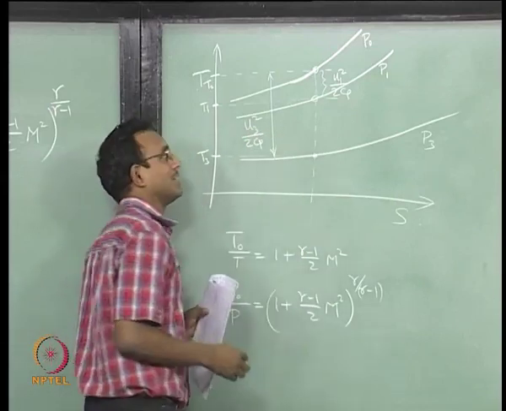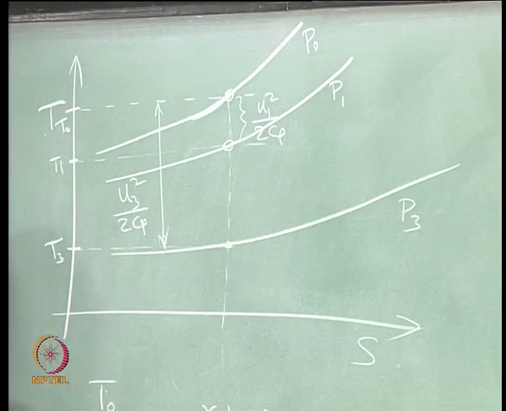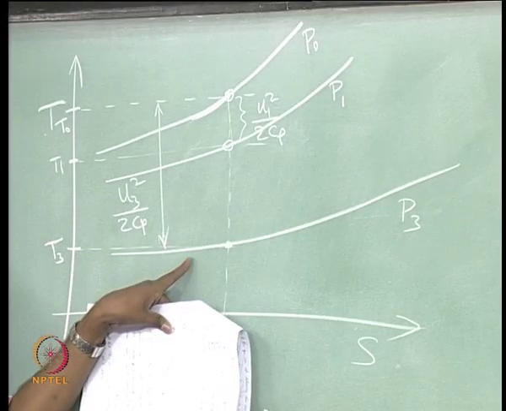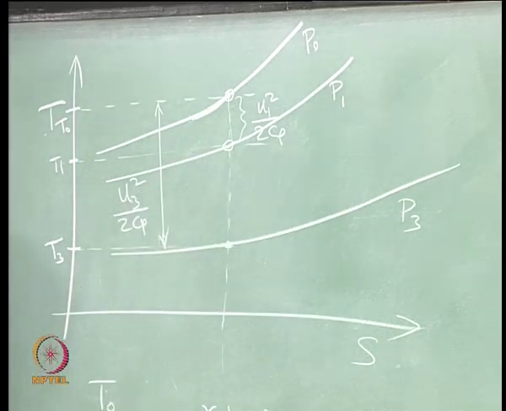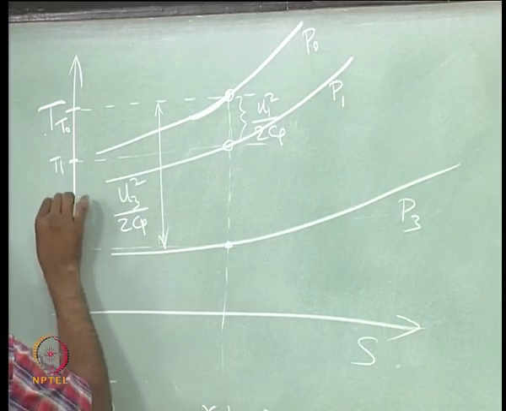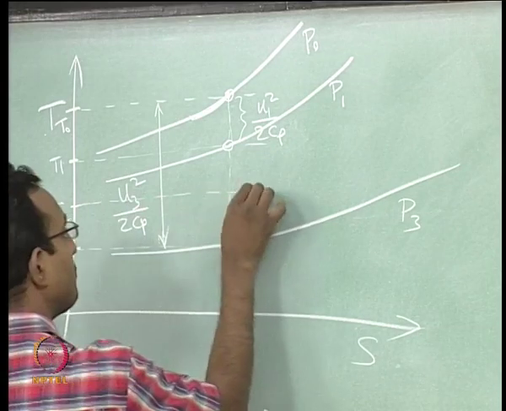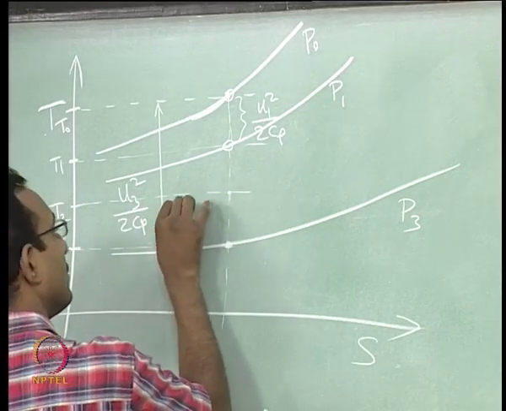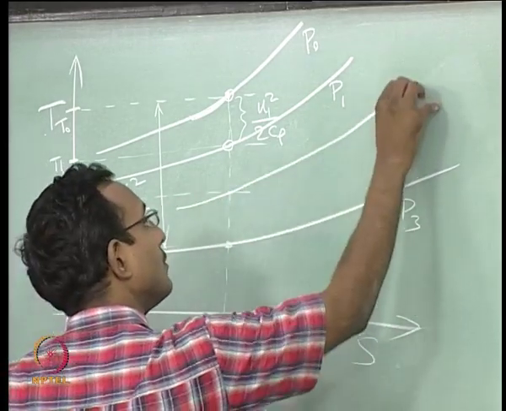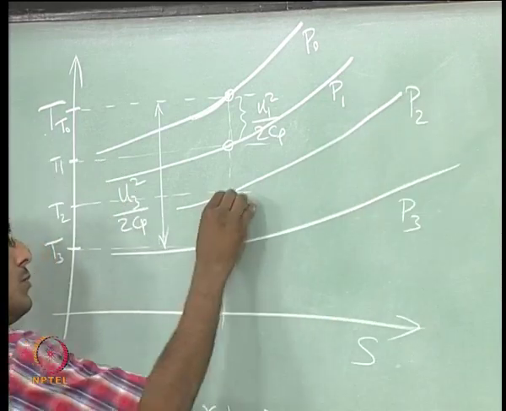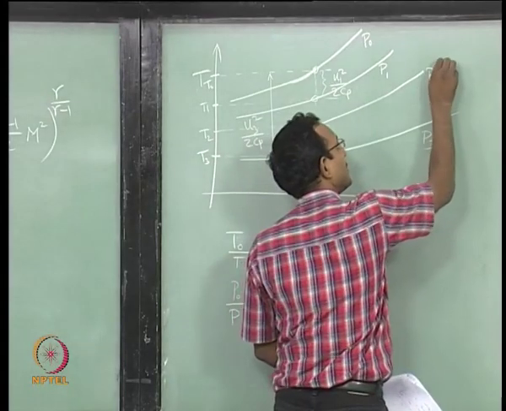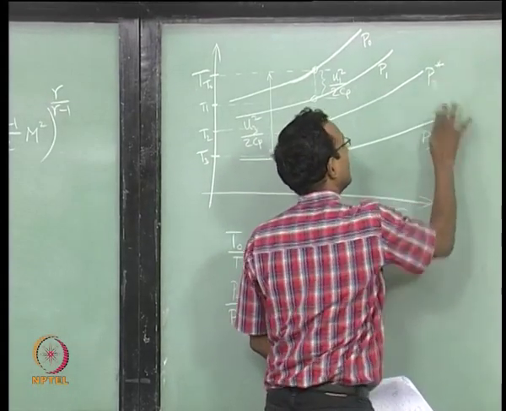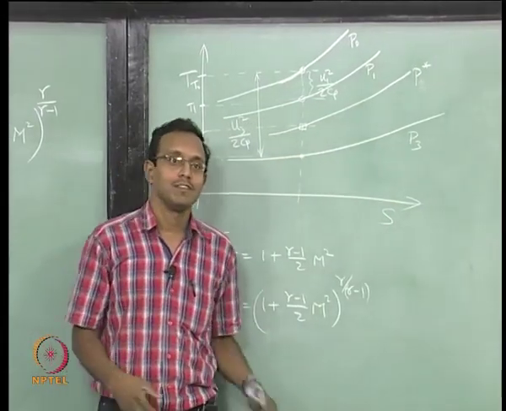Now, I will draw this special case 2 which corresponds to M equal to 1. I said 3 is supersonic, M3 is greater than 1, M1 is less than 1, M0 is 0. Now, we will draw the special case, P2. Typically what they do is they put a star on top for sonic conditions in gas dynamics, a common notation.